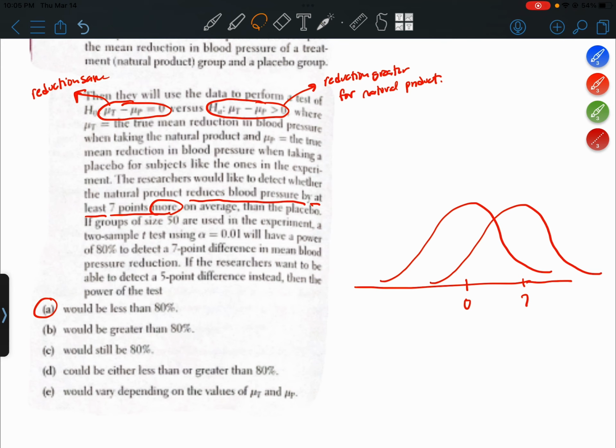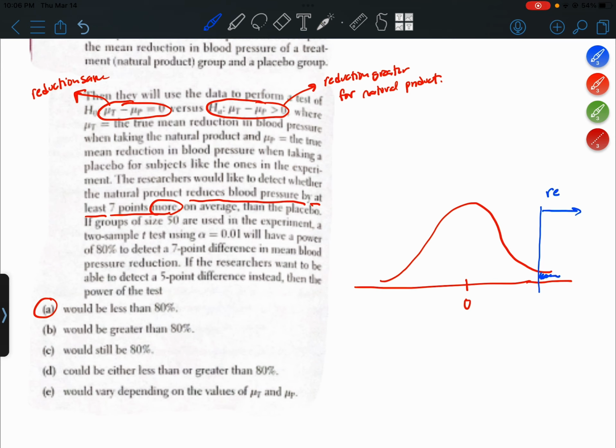Now, the power of the test, if alpha is 1%, then we would only reject if we got a result that was in the top 1%, right?